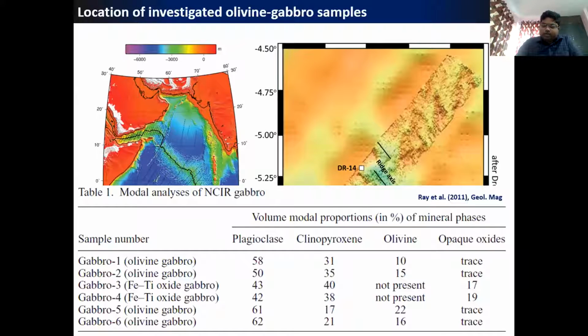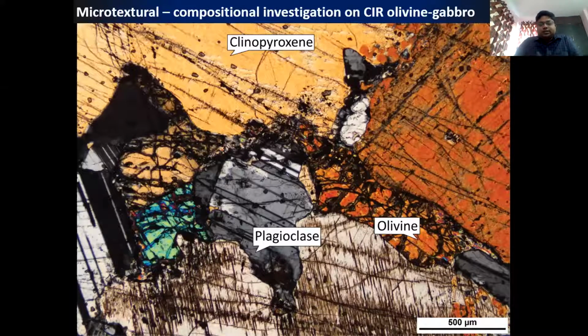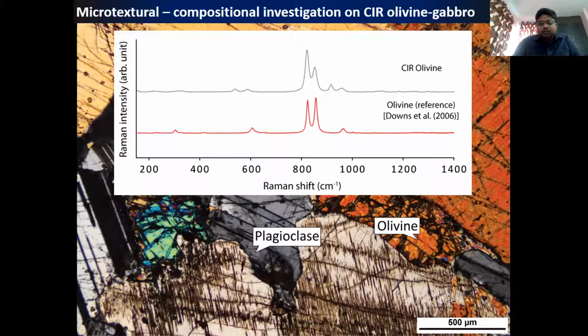So now I will take you through some detailed mineralogy to understand how we can link mineralogy with these big things. So this is a simple photomicrograph in plane cross-polarized light of the sample we have collected, and we have clinopyroxene, plagioclase, and olivine.